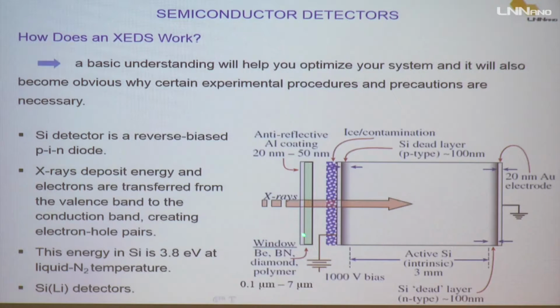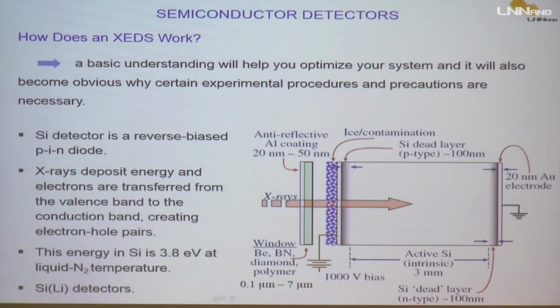When the photon arrives in the detector, it will create electron-hole pairs. In each one of these events, it will lose 3.8 electron volts. It needs to use all its energy until it finishes its energy.